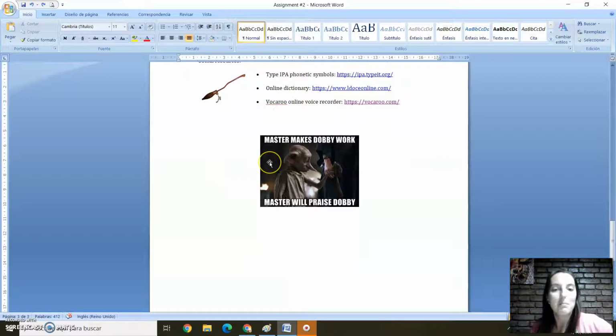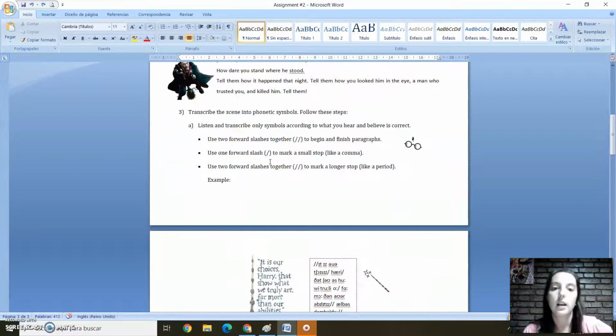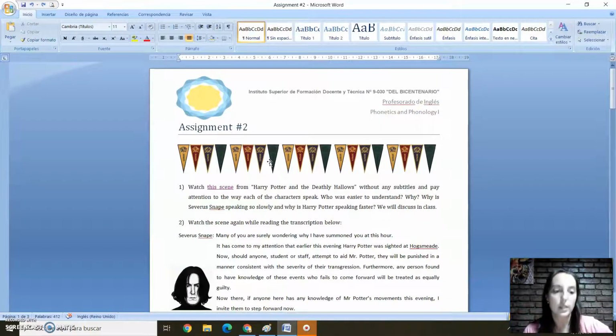And well, finally, master makes Dobby work. Master is me, Dobby is you, but master will praise Dobby. I've thought a lot about this assignment. There is a reason for working with a scene so that you can see people making all the movements with the mouth.